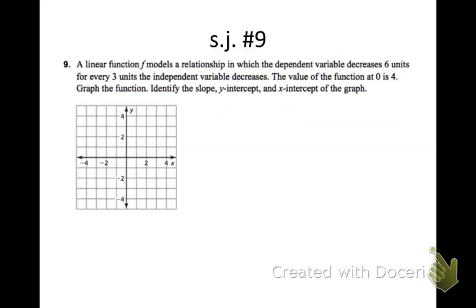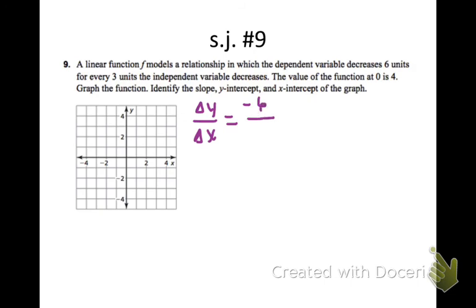So let's try this. So we have this linear function that's going to be f models a relationship in which the dependent variable decreases 6 units for every 3 units the independent variable increases. Remember that dependent variable is y, independent variable is x, and we can notate our slope by the change in y over the change in x. And change in y, if it's decreasing 6 units, is negative 6.